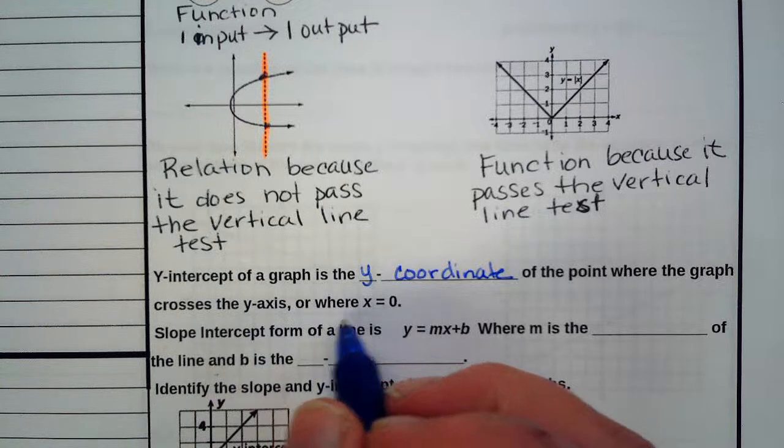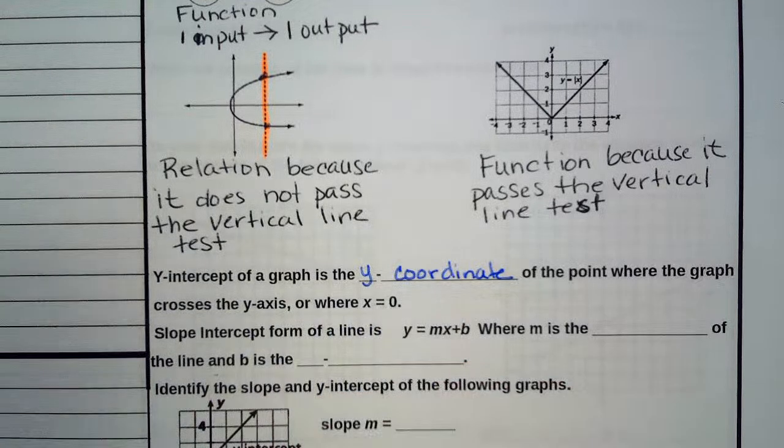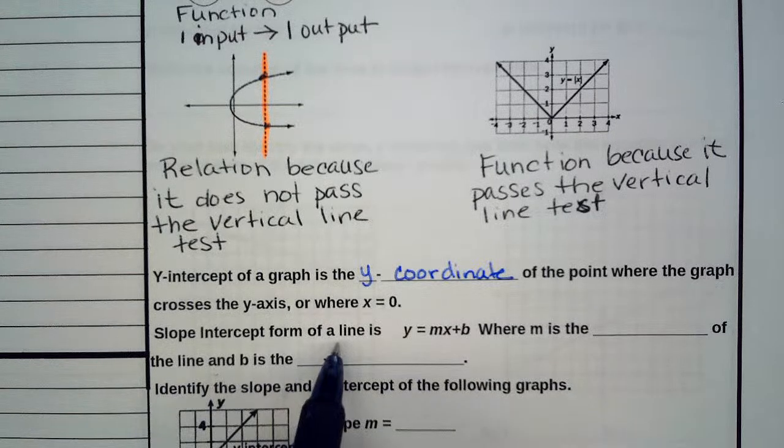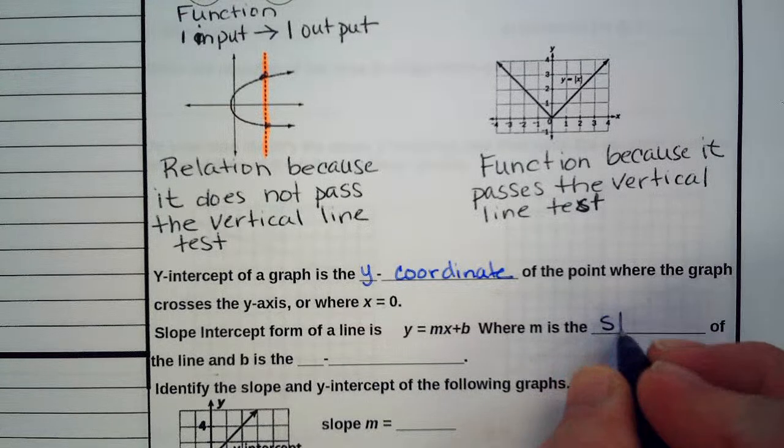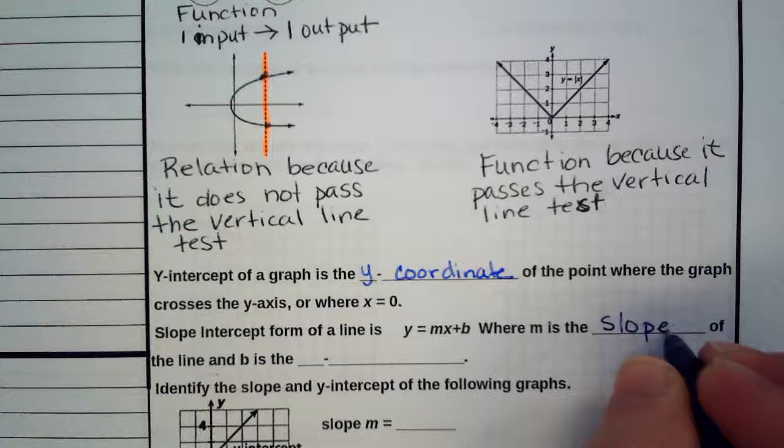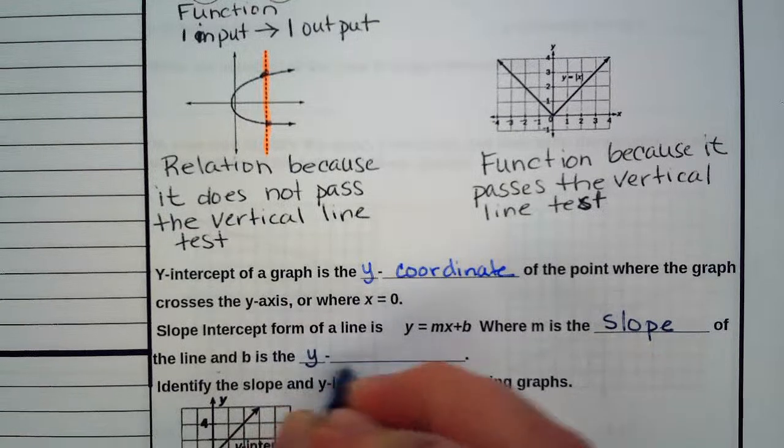In other words, where x is equal to 0. Now this goes right along with our slope-intercept form. The slope-intercept form of a line is y equals mx plus b, where m is the slope and b is the y-intercept.